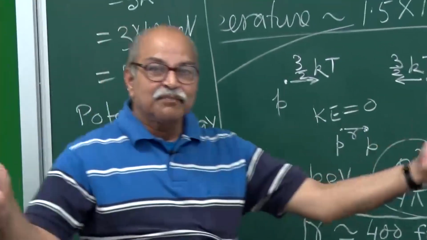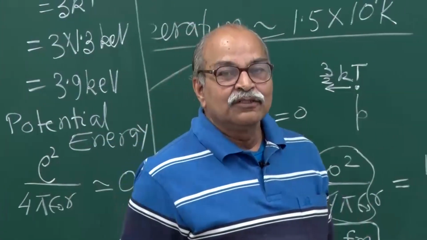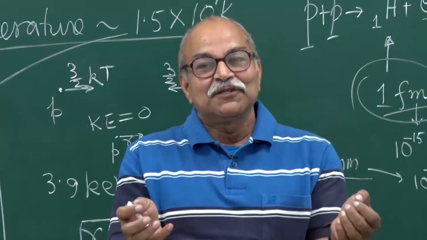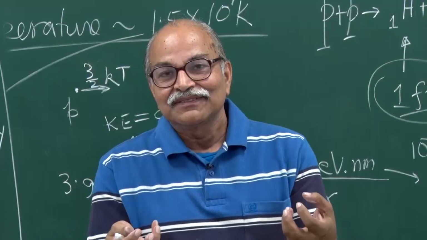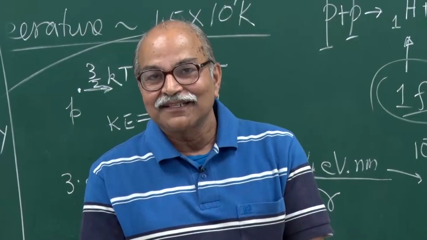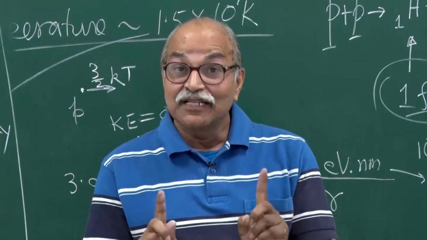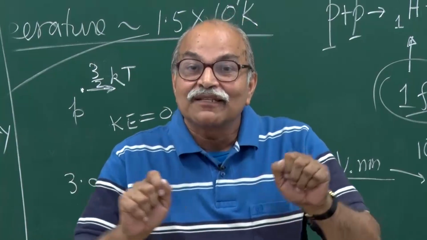So as the separation decreases to 400 femtometers, the two protons lose all their kinetic energy, their speeds have become 0, they are repelling each other, and from there they should go back.